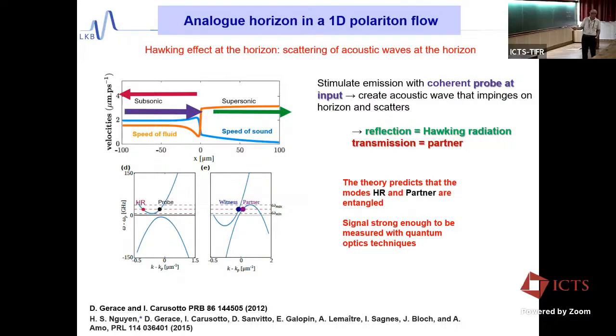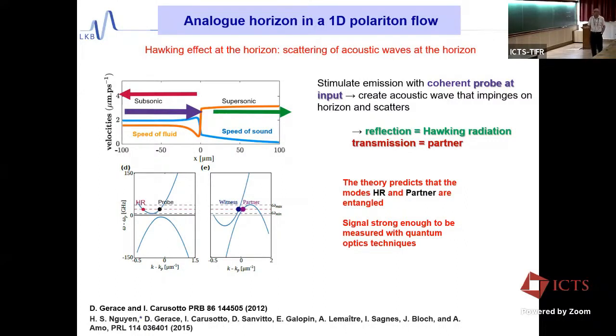This is quite nice because we know exactly the frequency, which is fixed by the probe, and the wave vector of the radiation and partner mode that we have to detect.